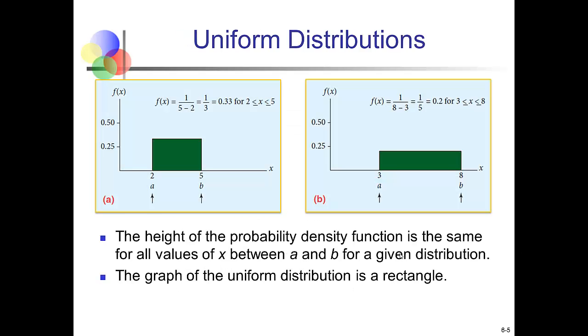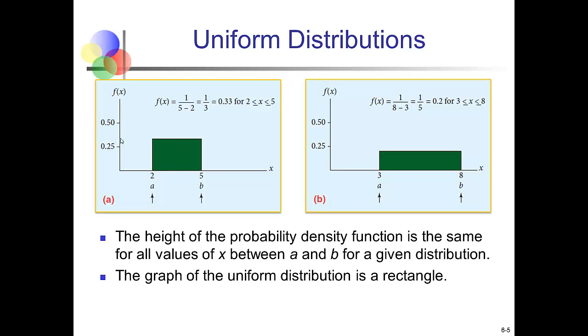So here are a couple of examples of uniform distributions. Suppose the range of interest is 2 to 5. So maybe we were talking about the probability of customers coming to our booth between 2 and 5 p.m. We've got 1 over 5 minus 2. Well, that's really 1/3. For each of the possible 1-unit values between 2 and 5, so for the range of 2 to 3, 3 to 4, 4 to 5, each of those has a 1/3 chance of happening.